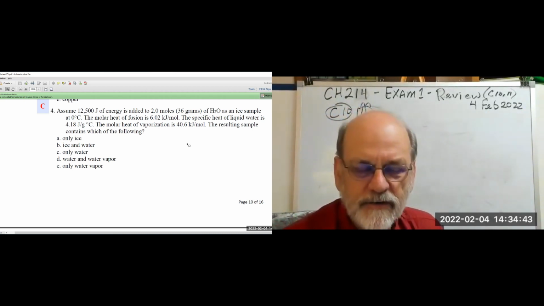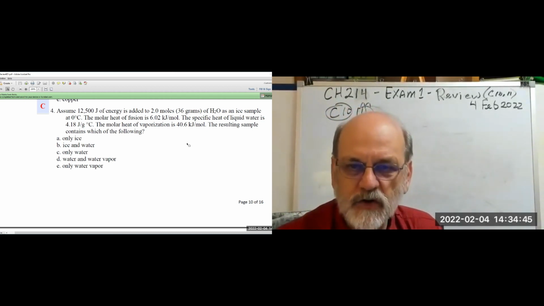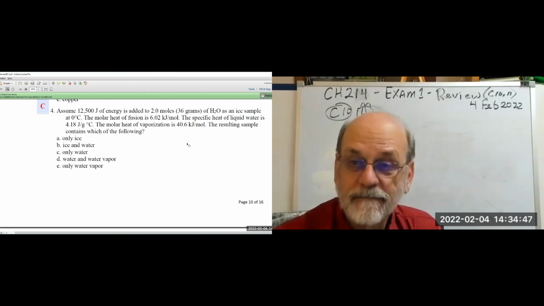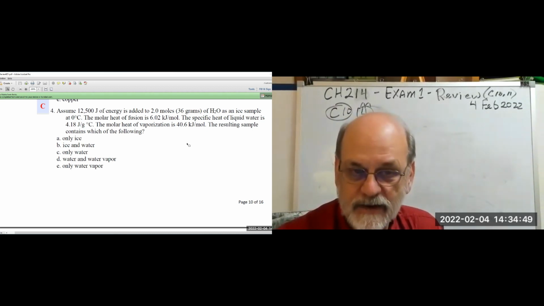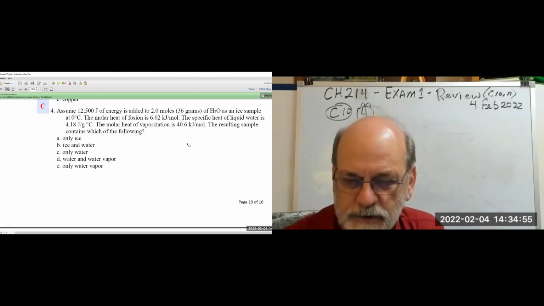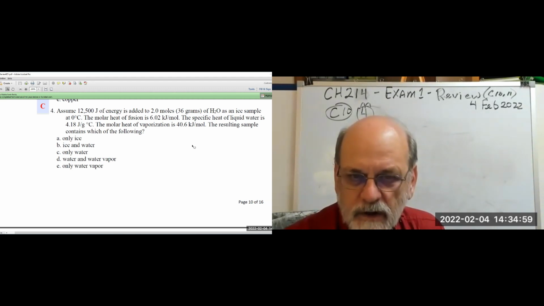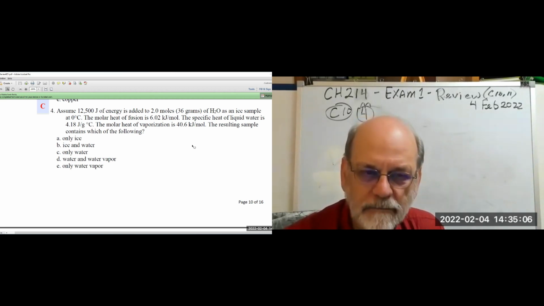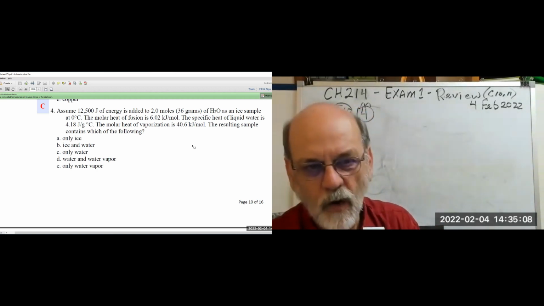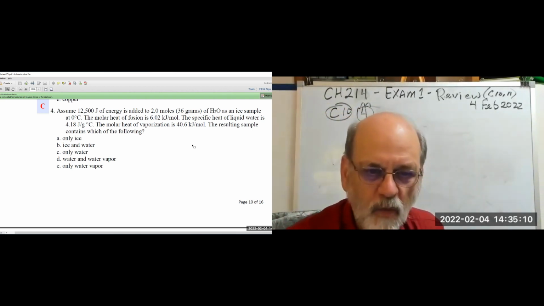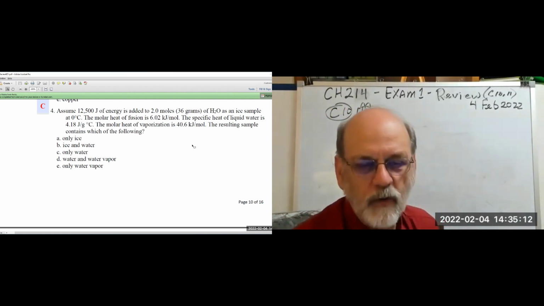Assume that 12,500 joules of energy is added to 2 moles of water as an ice sample at 0 degrees. Molar heat of fusion is that number. Specific heat of liquid water is 4.18. The molar heat of vaporization is 40 kilojoules per mole. Resulting sample contains what? Only ice, ice and water, only water, water and water vapor, only water vapor.